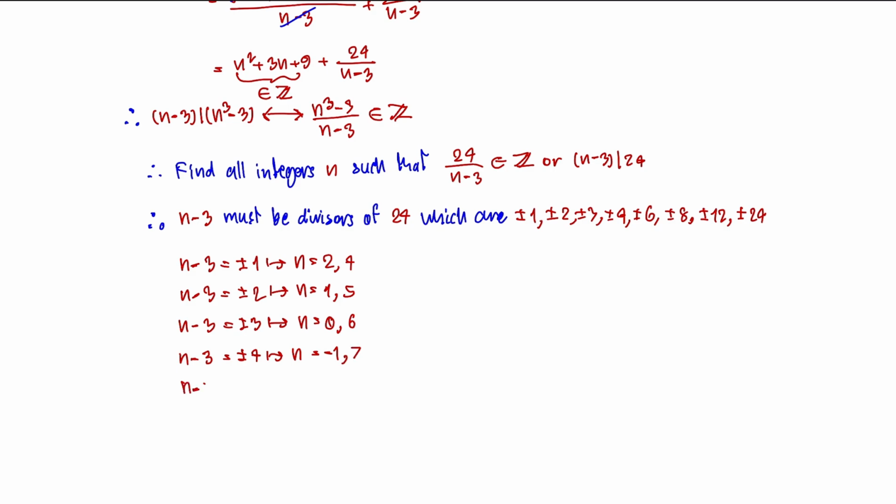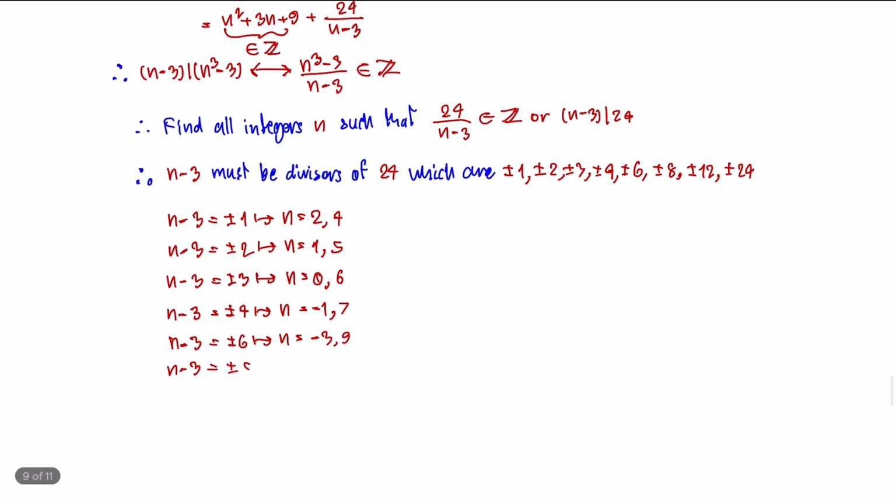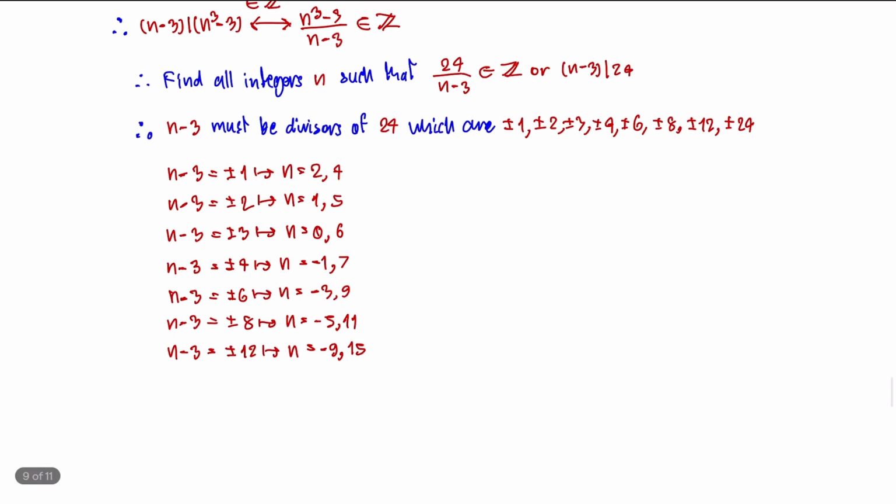n minus 3 equals plus or minus 6, so n equals minus 3 or 9. n minus 3 equals plus or minus 8, so n equals minus 5 or 11. n minus 3 equals plus or minus 12, so n equals minus 9 or 15.